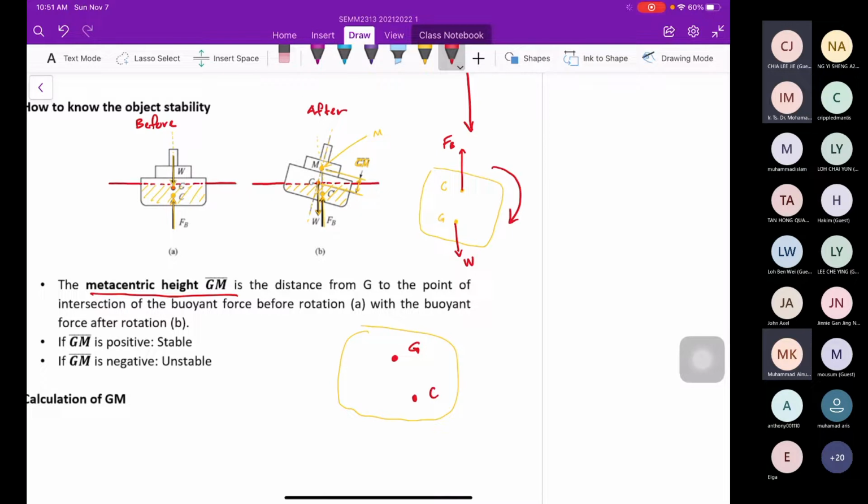You can see the G is acting downward and the C is acting upward. It will rotate clockwise when you give the disturbance. So this is unstable, and this is stable. That's it. Very simple.